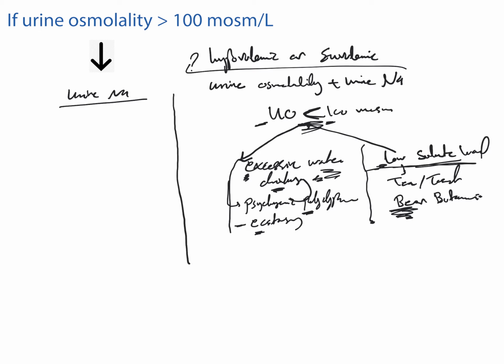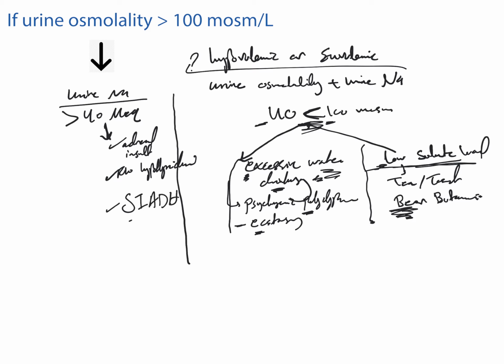If you checked urine sodium, the urine osmolality was higher than 100, and the sodium is more than 40 milliequivalents, then rule out adrenal insufficiency, rule out hypothyroidism, and if they are both ruled out, then think of syndrome of inappropriate ADH. See, we reach this syndrome of inappropriate ADH after going through how many steps? So it's not something you jump right on.